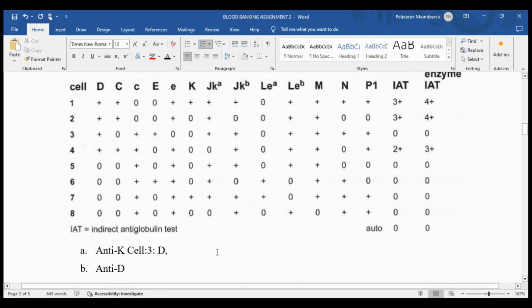Capital E. Capital C. Small c cannot be excluded. It can't. Okay. Small c, capital D, small c, and capital E.